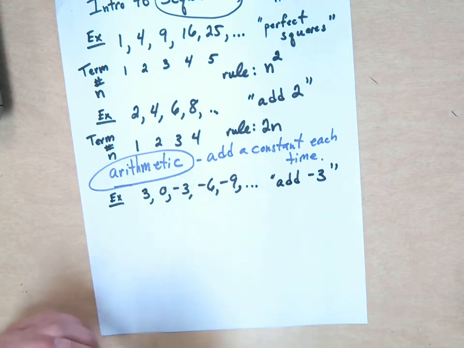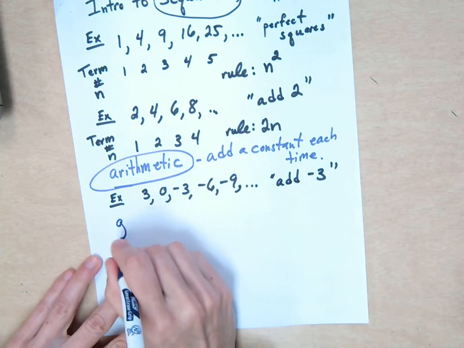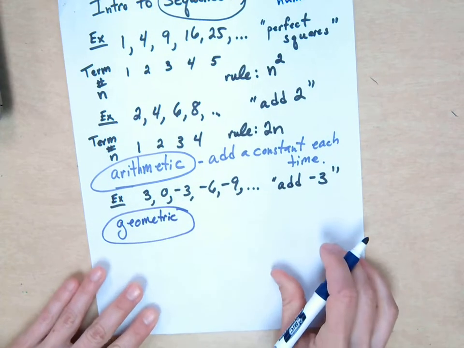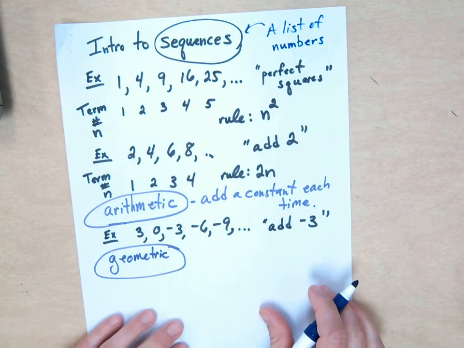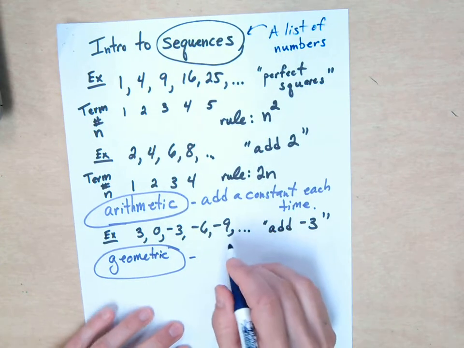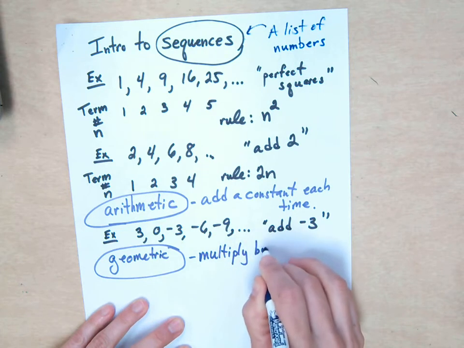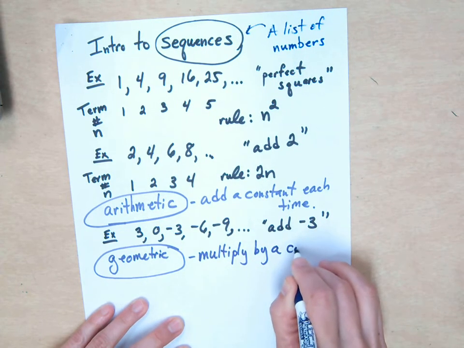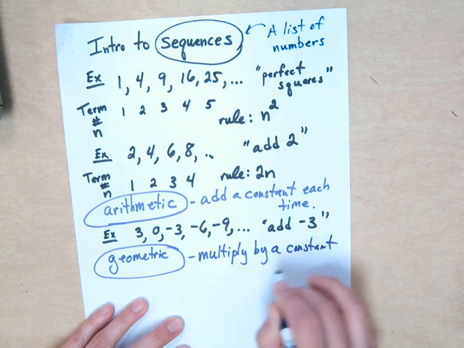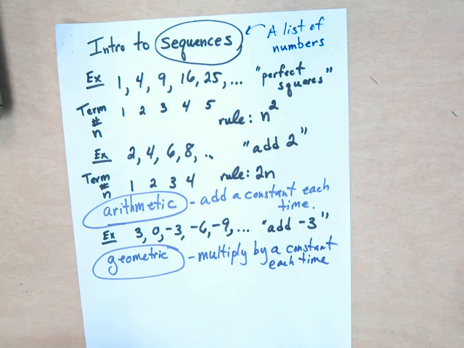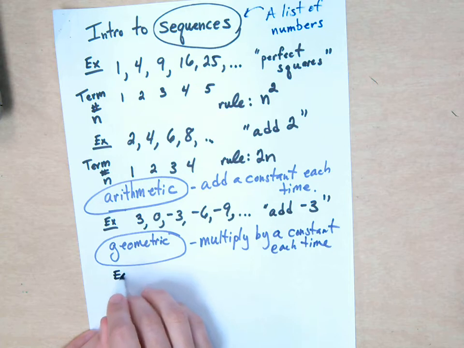And then there's the other type of sequence that's called geometric. A geometric sequence. That's your other vocab word. Geometric means that you simply multiply by a constant each time. Let me give you one example of that, and we'll call it a day.